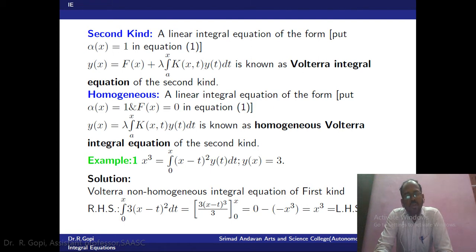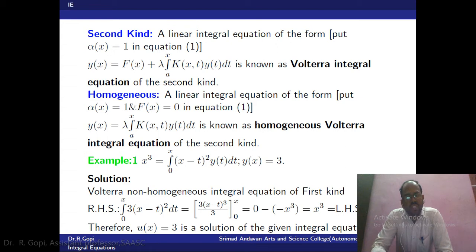Substituting the upper limit, replace t by x, giving 0. Then putting the lower limit, the 3 and 3 will be cancelled. Put t equal to 0, and take minus of minus, giving x cube. So x cube is the left hand side. We have to prove the LHS from the right hand side.